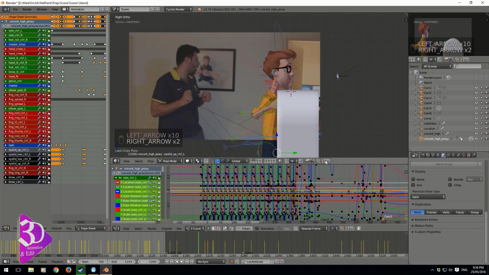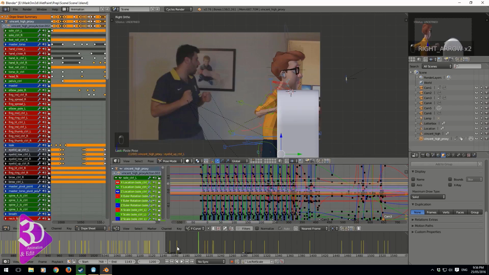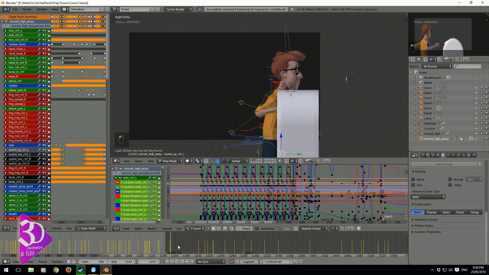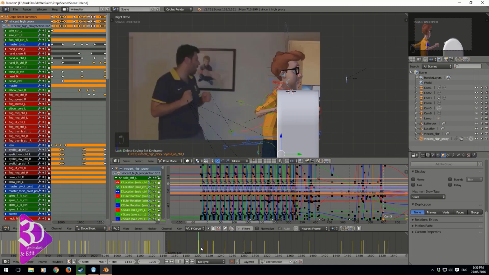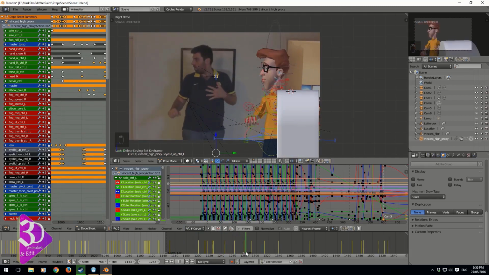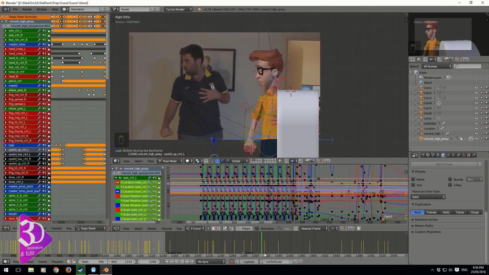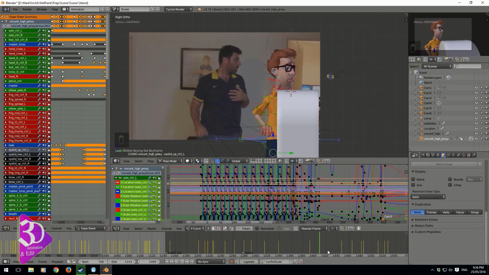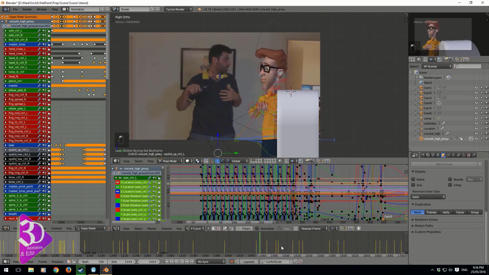I'm going to paste, okay, and get rid of everything that's in this frame. So now we've got no movement for this whole area, and then we go back to that camera. Beautiful.